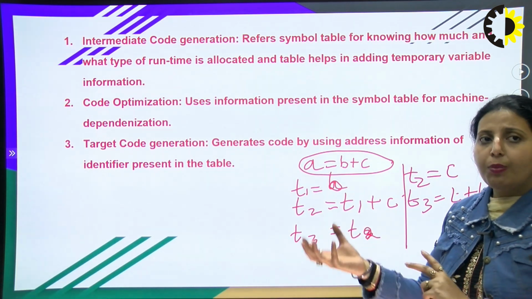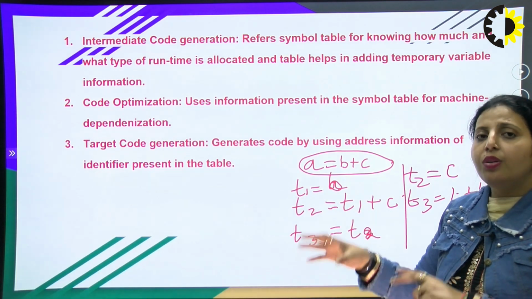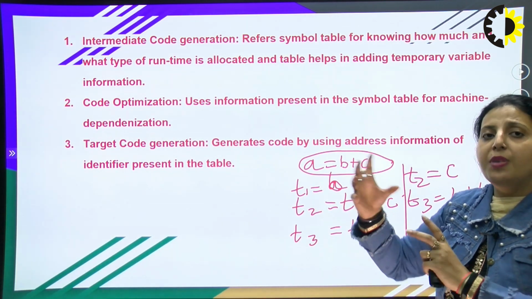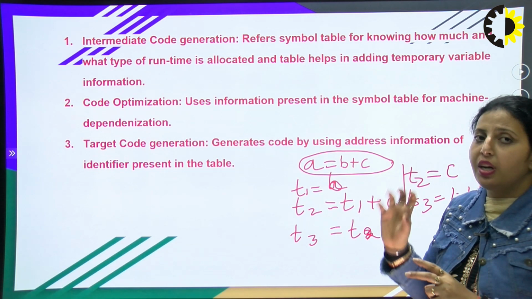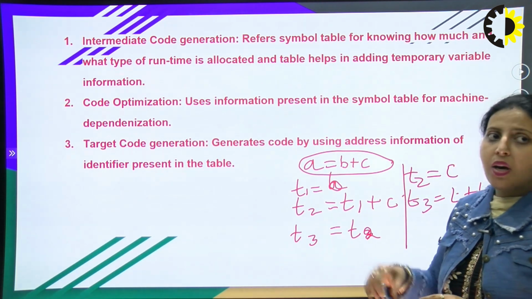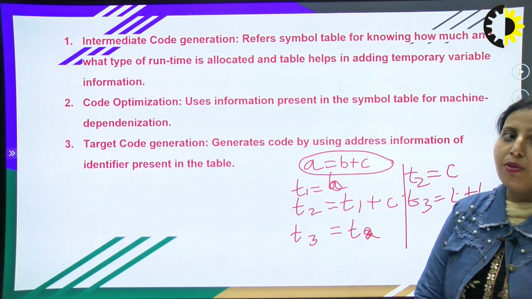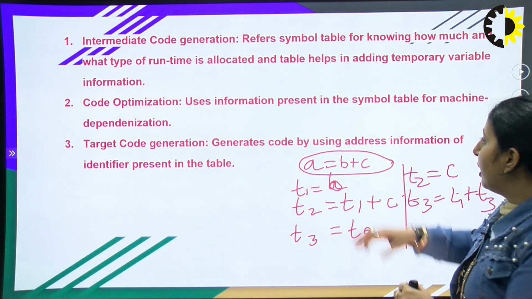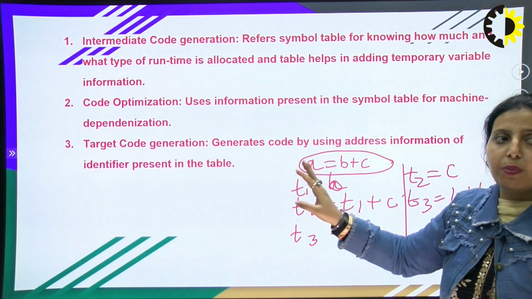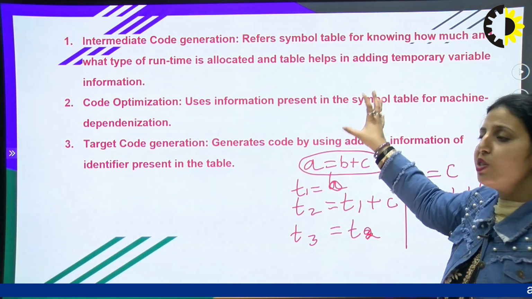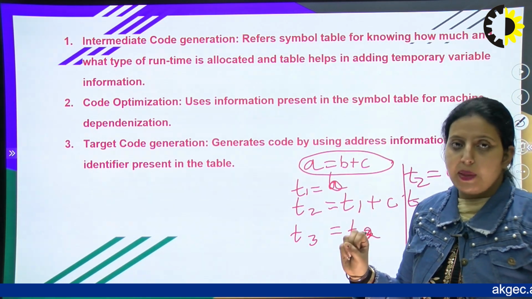If the optimization is done without the machine dependence, then that is machine independent optimization. But code optimization uses information present in the symbol table for machine dependent, meaning only machine dependent optimization can use the information stored in the symbol table.